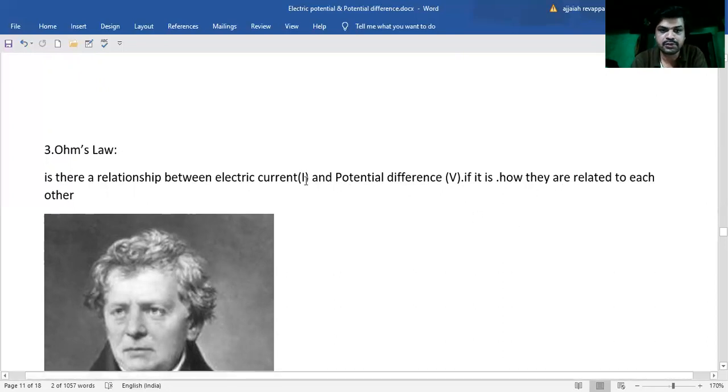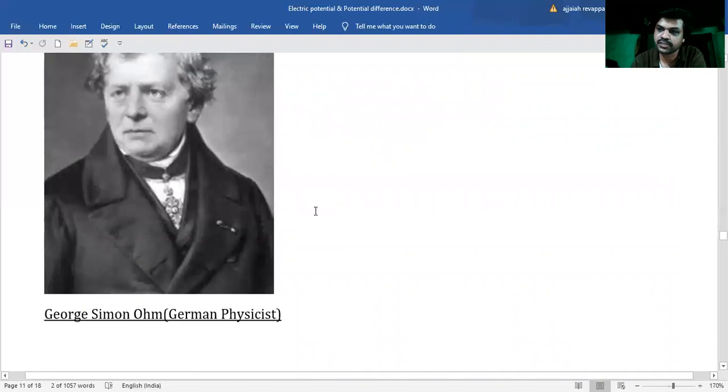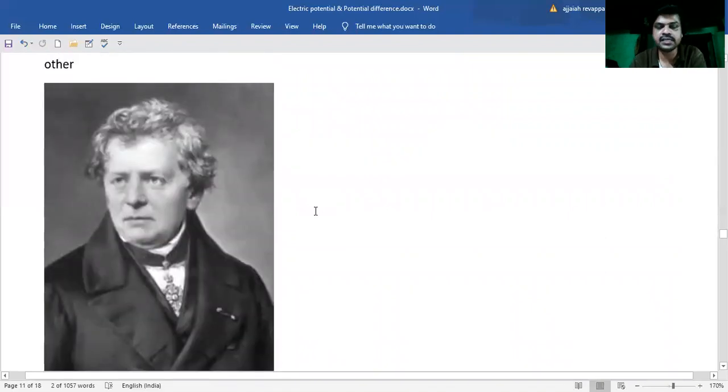The relationship between the current and potential difference was first studied by George Simon Ohm, a German physicist. He did a series of experiments to establish the relationship between electric current and potential difference.